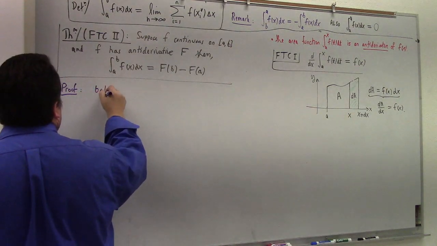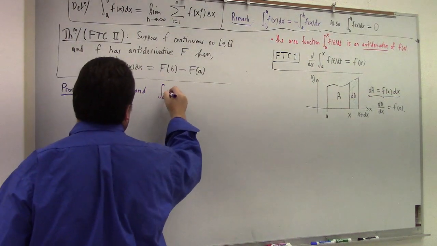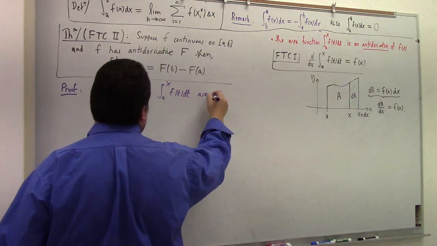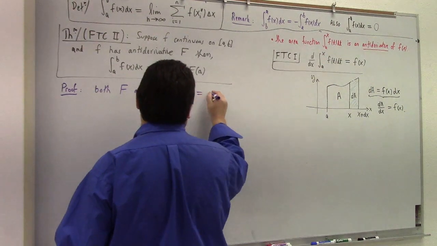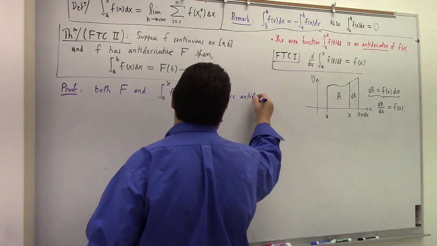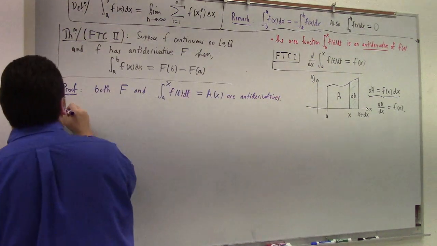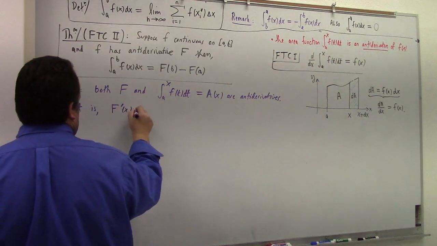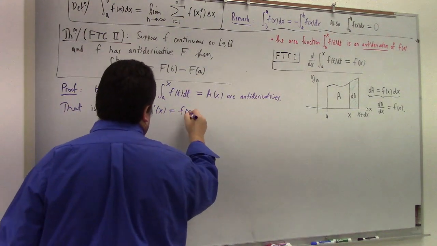Both F and the integral from a to x of f of t dt, let's just call this A of x, are antiderivatives. That is, F prime of x is equal to A prime of x, and they're both equal to f of x.